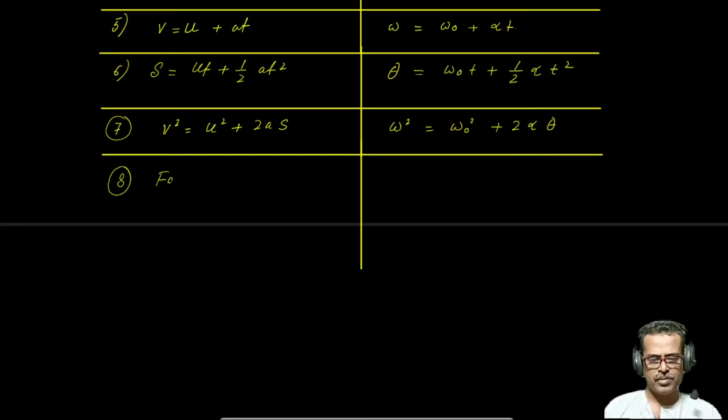Force F, torque. We will discuss the relation between force and torque later, but the term force can be substituted by torque in case of angular or circular motion, and torque is symbolized by tau.